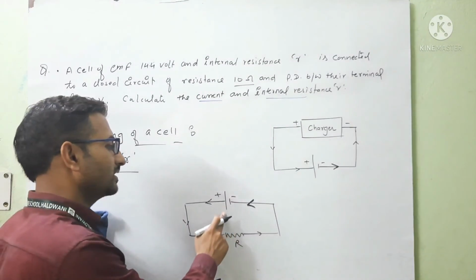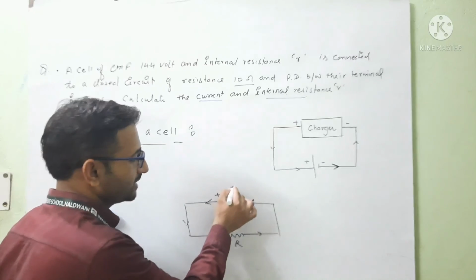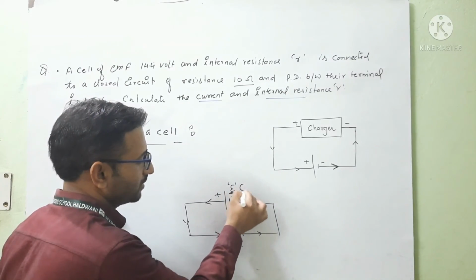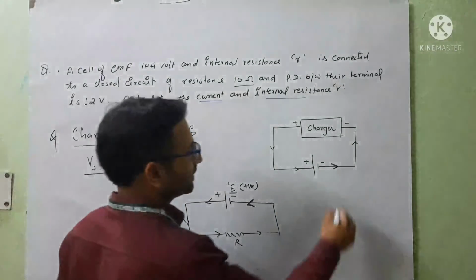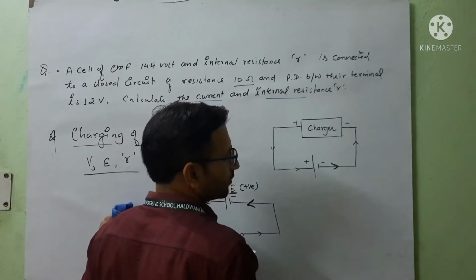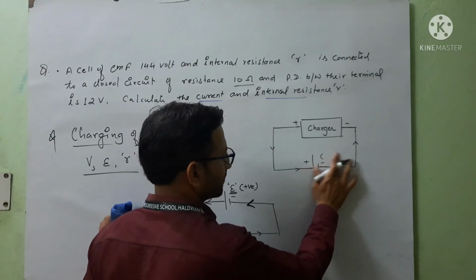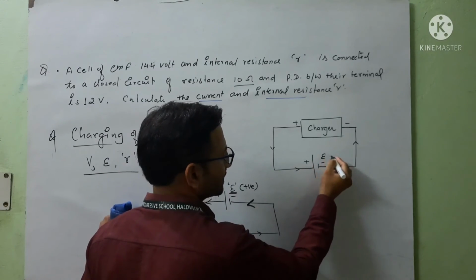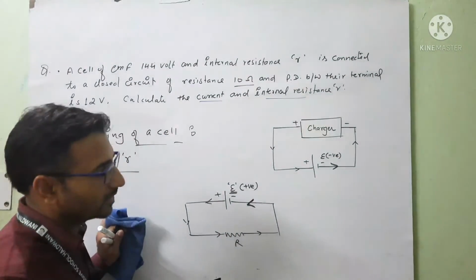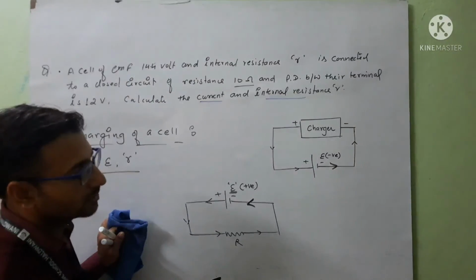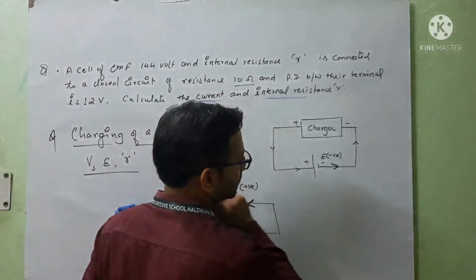When the current is toward the negative terminal, the EMF will be positive. Kindly note down this point. When the current moves away from the negative terminal, the EMF will be negative. We will use this when we talk about the KCL law. Okay, so this is the point.